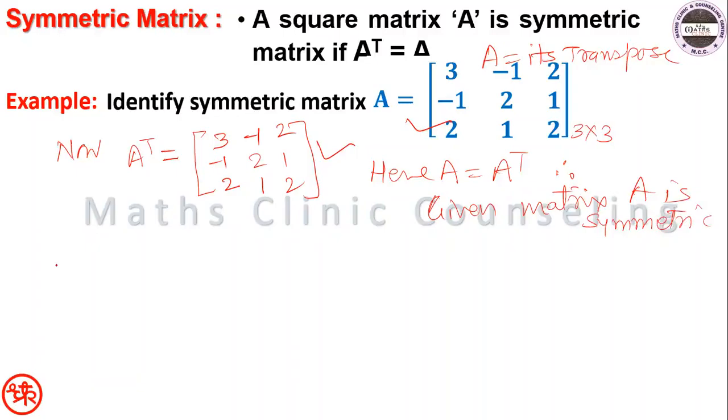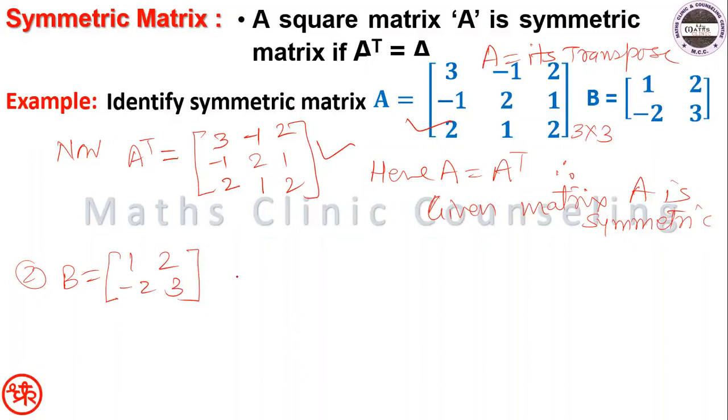Is that clear? दूसरा एक एग्जांपल देखो, दूसरा एक एग्जांपल B मैट्रिक्स ये देखो। B is equal to 1 2 -2 3। नाउ B ट्रांसपोज क्या होगा?